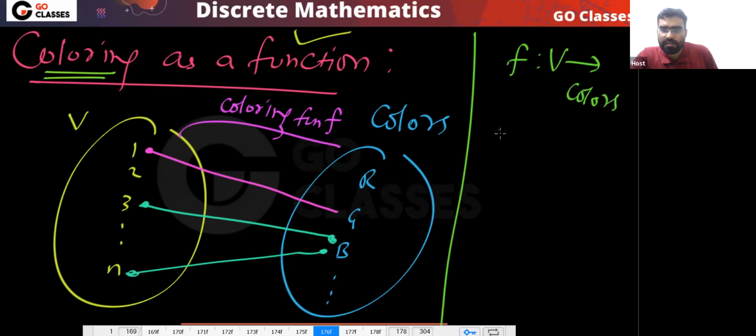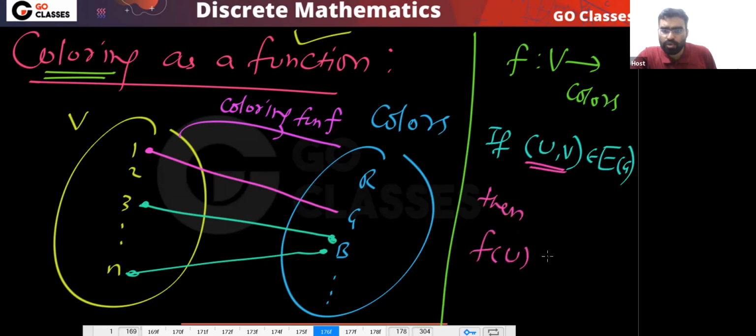If (u, v) belongs to E, if they have an edge, then what should happen? Then f(u) should not be equal to f(v), right? They should not get the same color.